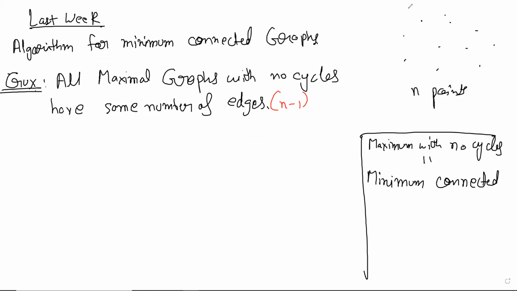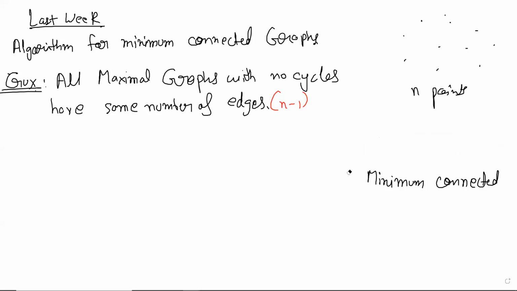Now today we want to see this fact, that all maximal graphs with no cycles, obviously on n vertices, have the same number of edges, in a different way. A different perspective. Well, it's not essential, but it's a very interesting property, and it is in some sense very important for the weighted case.